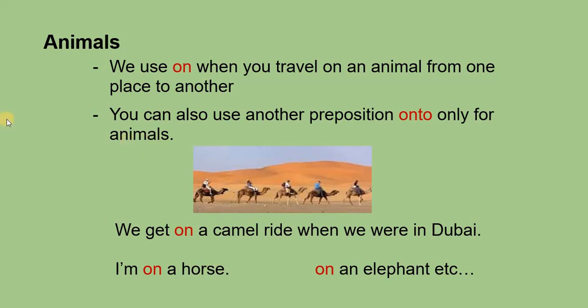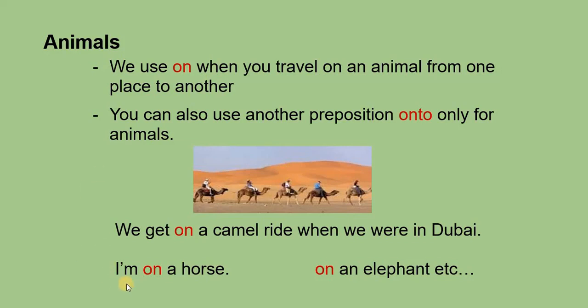Yes, we do have a camel ride, and in many places we have a horse ride to get from one place to the other. So what would you say when you are on an animal? You are gonna use a preposition on.